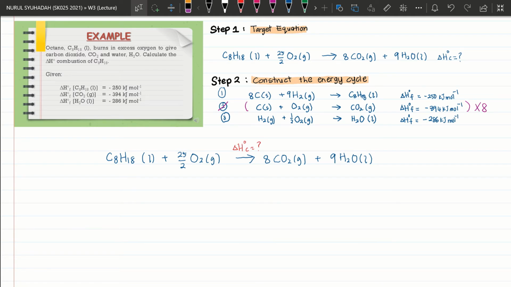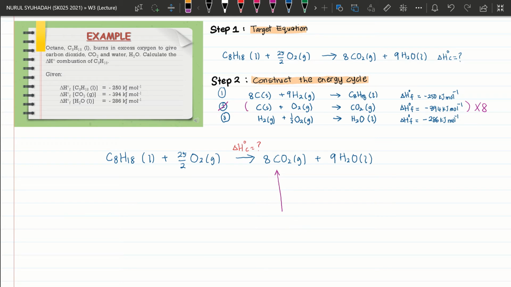So here, write down the equation like this. You will put 8 carbon solid, and then put the arrow, plus oxygen gas.